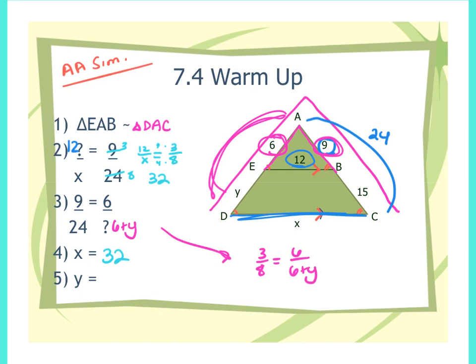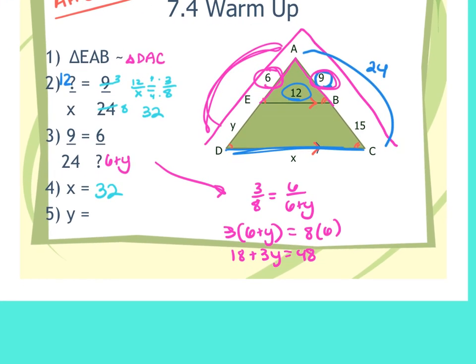I can cross multiply, so 3 times 6 plus y equals 8 times 6. This would be 18 plus 3y equals 48. Subtract 18 from both sides. And y equals 10.